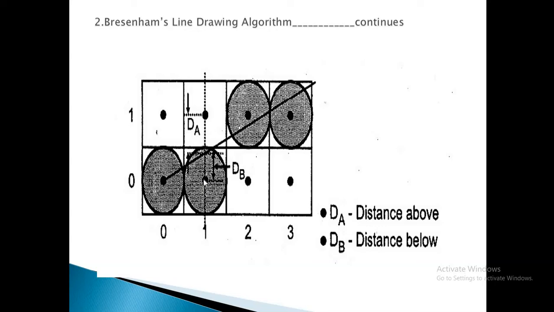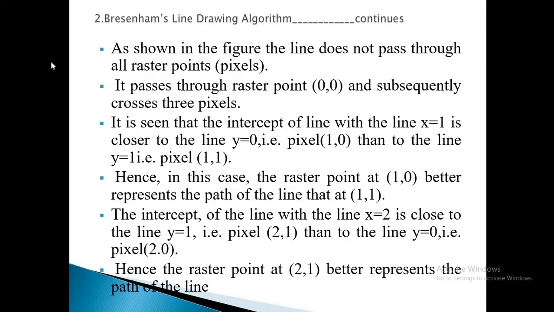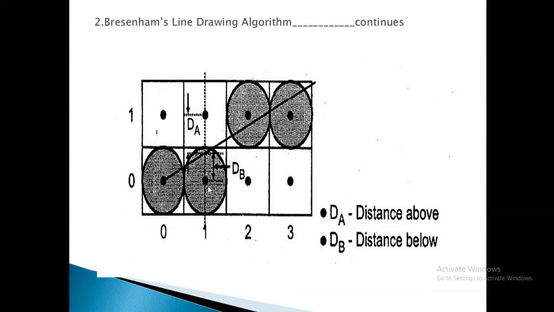This point and this point are the nearest pixels to our actual scan line. Whichever pixel is closer to our scan line is found, and then we plot this nearest pixel and draw a line.